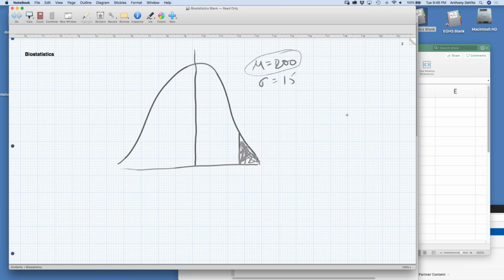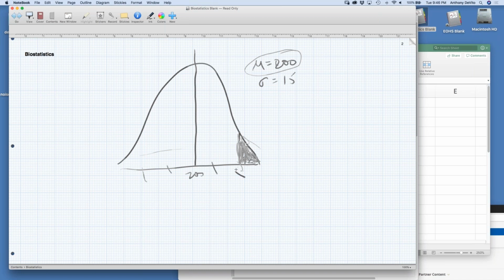We want to re-examine or call back people whose weight is in the top 10% of this population. We don't want to interview everybody. We only want the people that are in the top 10%. So I know the mean is 200. I know the standard deviation is 15, but what weight represents the top 10%?